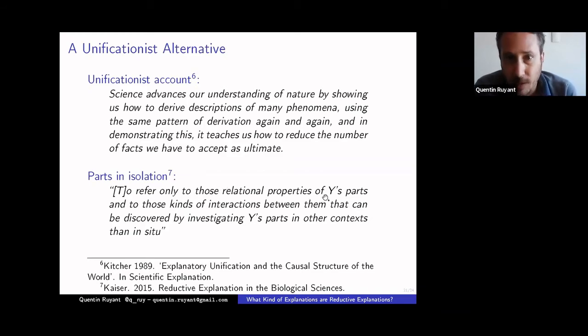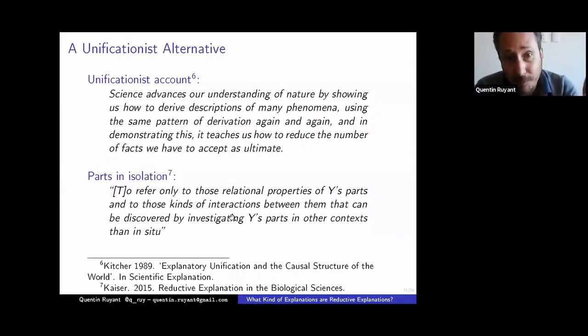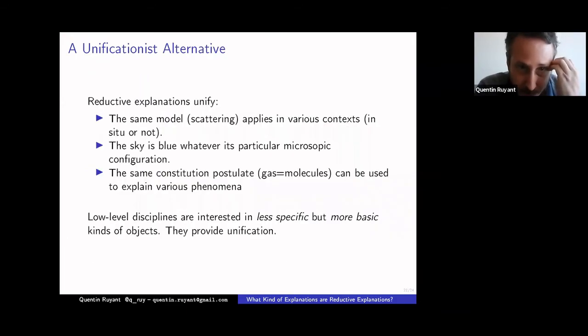The idea would be that light scattering could be discovered by investigating molecules in other contexts than in the atmosphere. And there, I see a parallel between these two ideas, because I would say that reductive explanations unify because the same model, the model of light scattering, applies in various contexts, in situ or not.